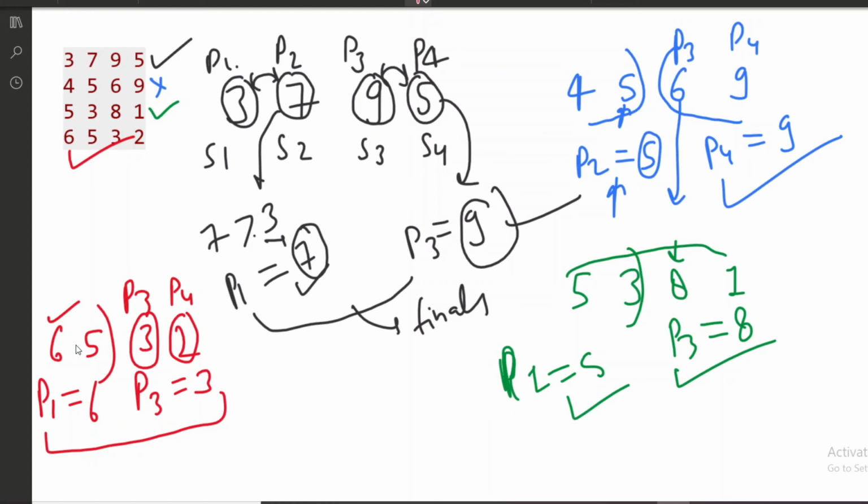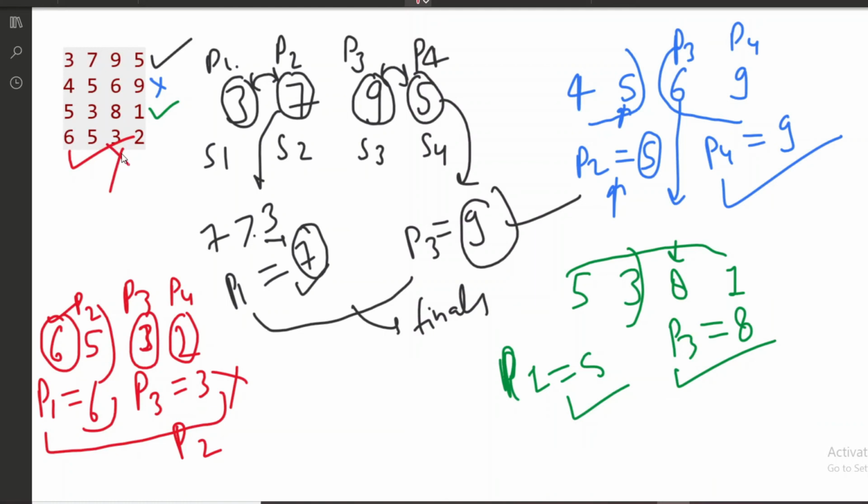First, the rating 6 is the highest among all the ratings. That's okay. But P3 should not reach the final because its rating is 3 and P2's rating is 5. P2 should reach the finals. So this is not a fair tournament.